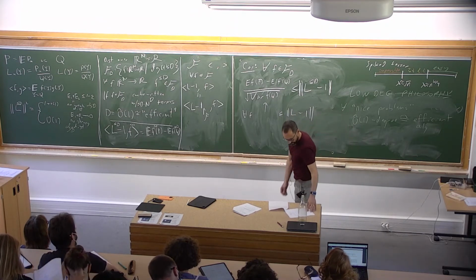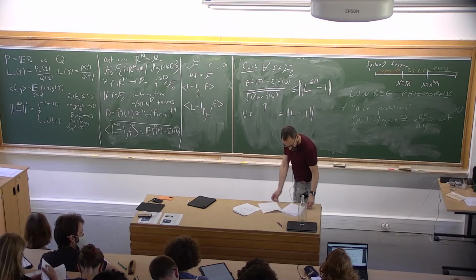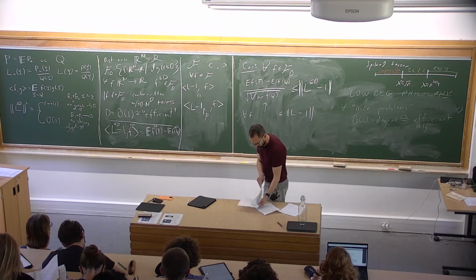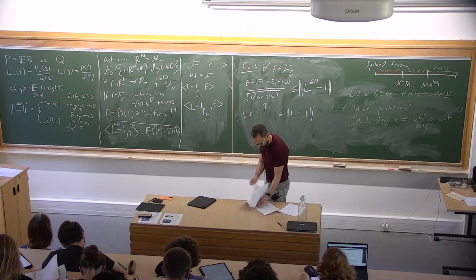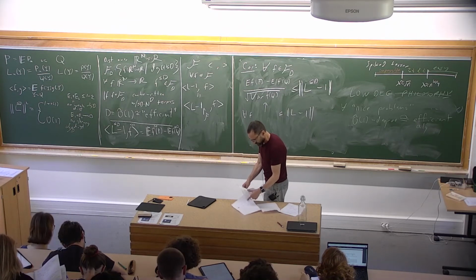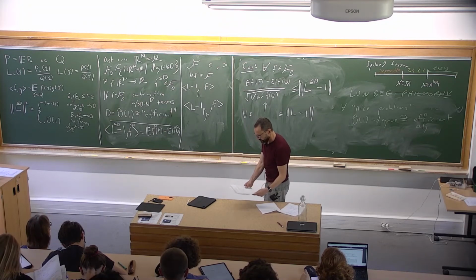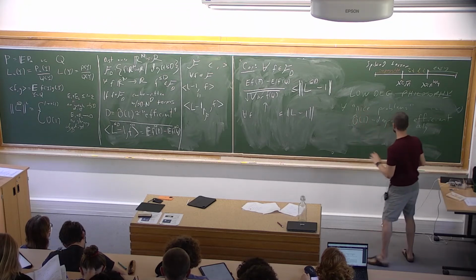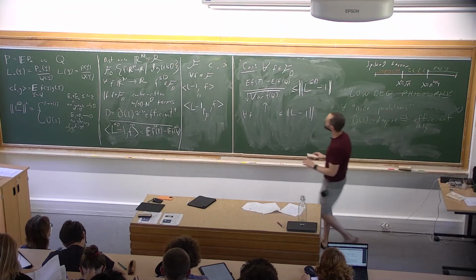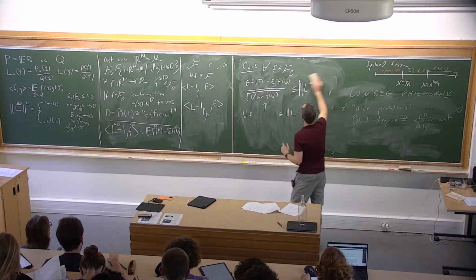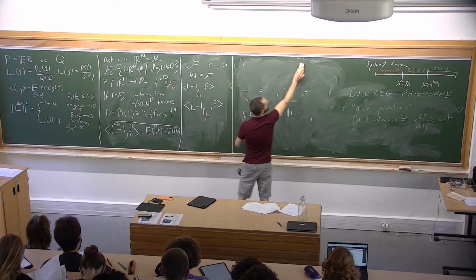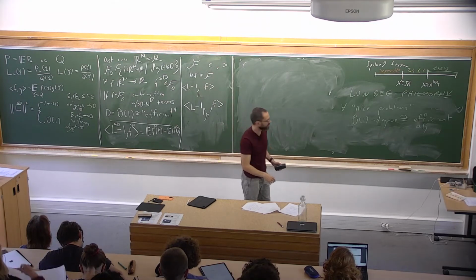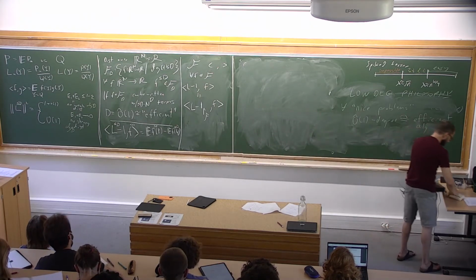So let's do the calculation for the tensor. Or at least I'll do a cartoon of the calculation for the tensor. We are back to the same example, this spike tensor problem.